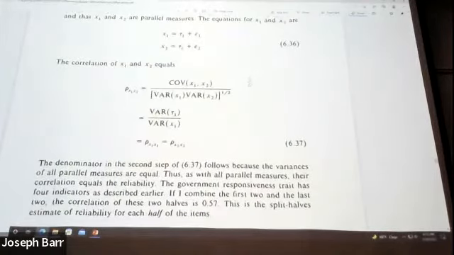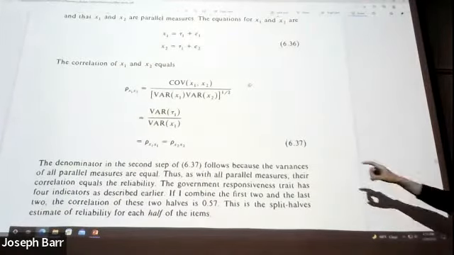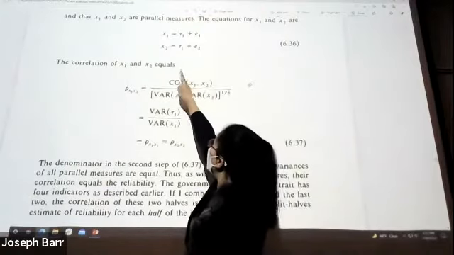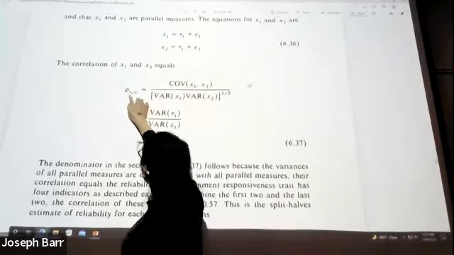And then same thing, we're trying to get the correlation between x1 and x2.